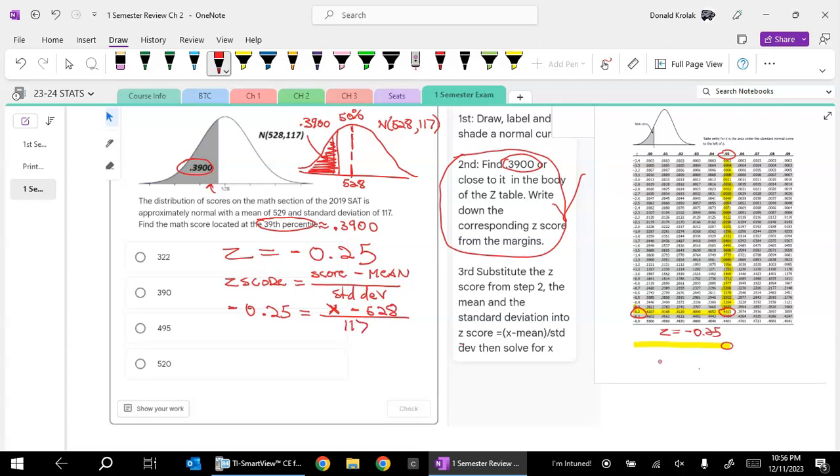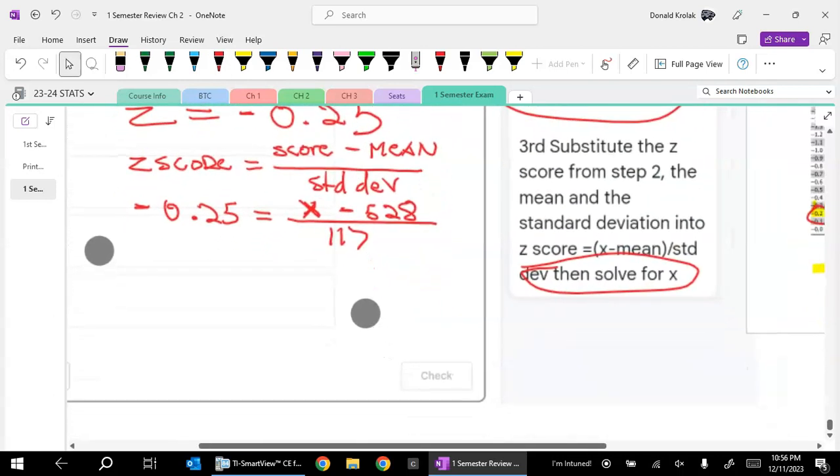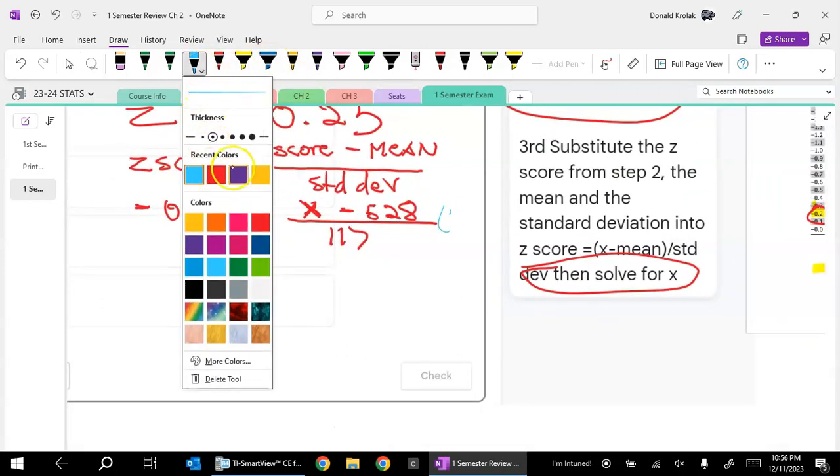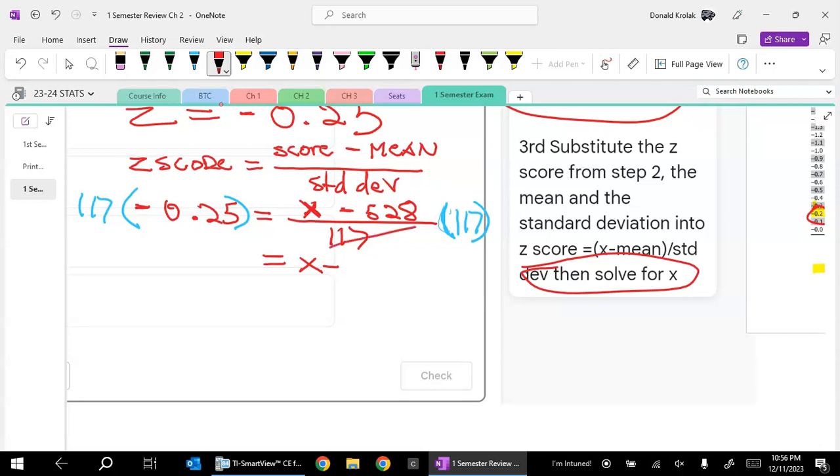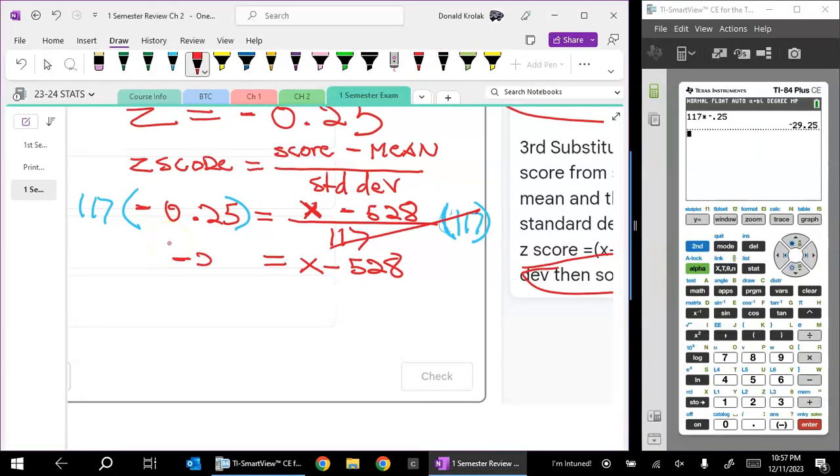Now what I'm going to do is solve this equation for x. So to solve that equation, I'm going to multiply both sides by 117. And over here on the right, these are going to cancel, so I'm going to be left with x minus 528, and then I get negative 29.25.